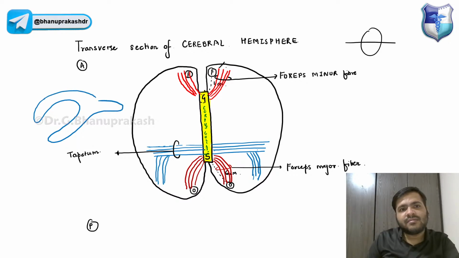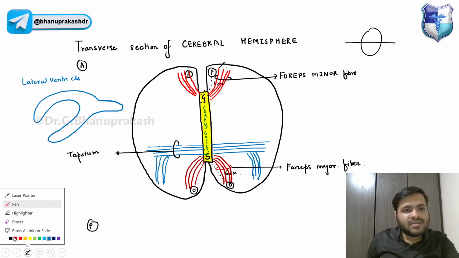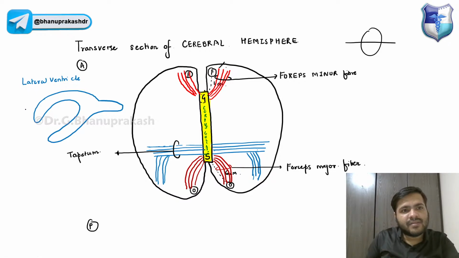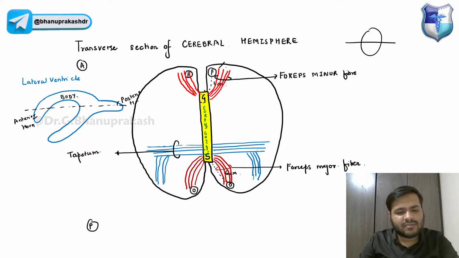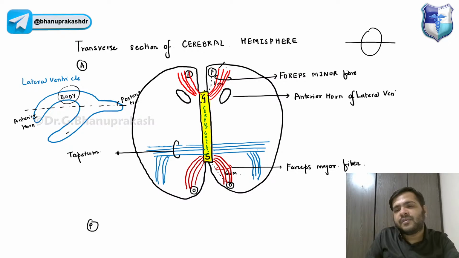This is the lateral ventricle. This section is taken in such a way that only the horns are present over here. This is the anterior horn of the lateral ventricle, and this is the posterior horn. This is the body. The other things, the tail, I will tell you later.